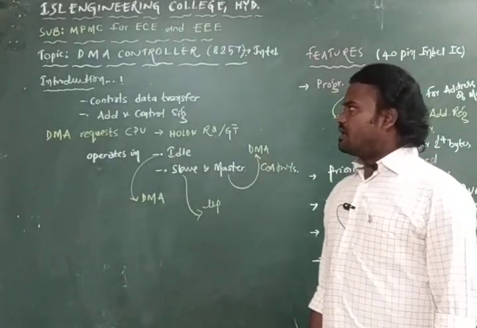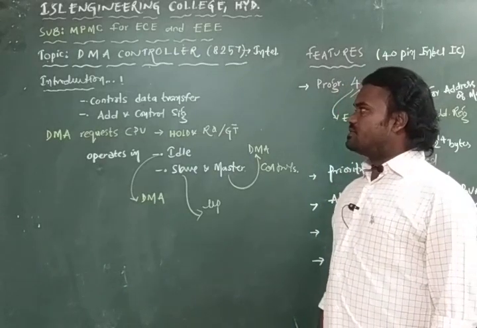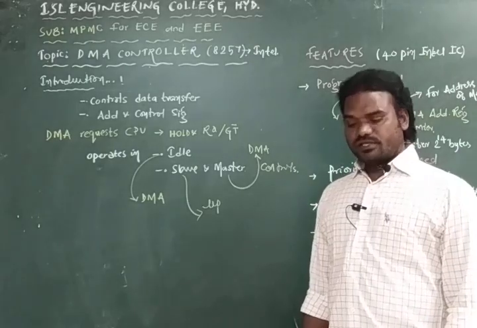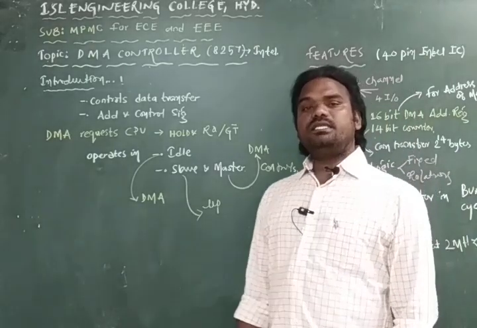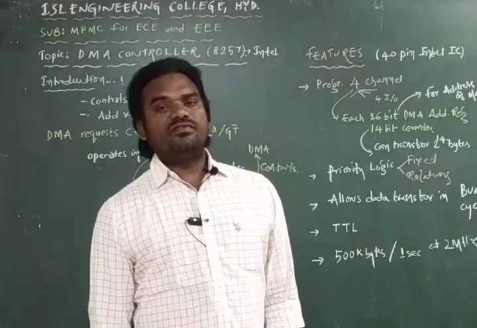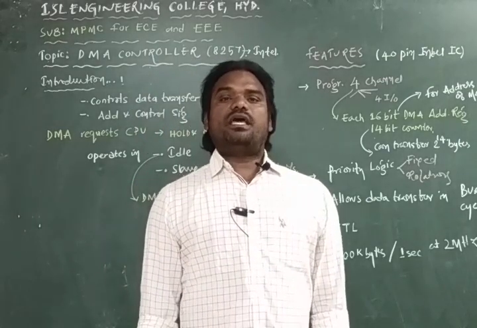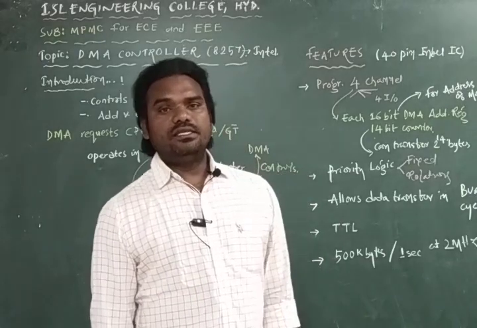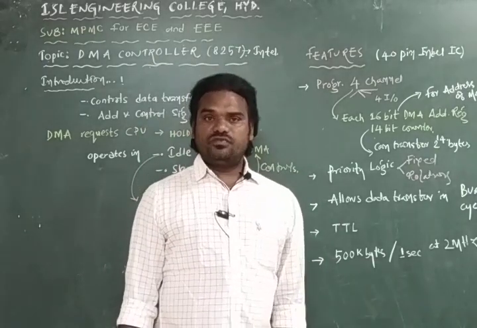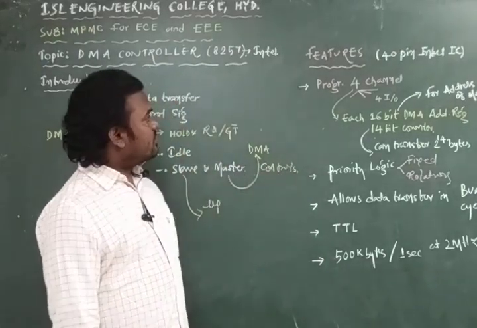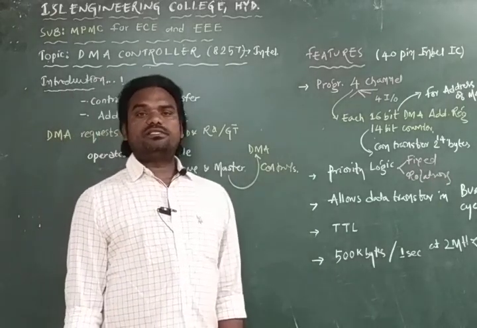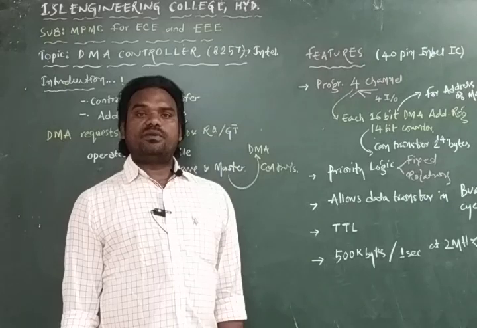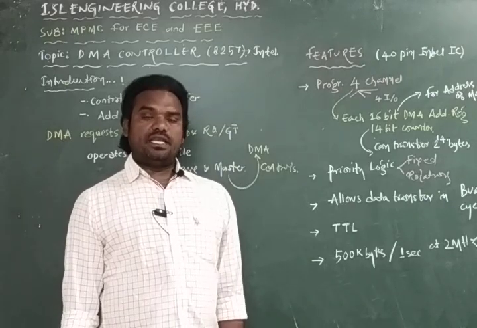The present topic is the DMA controller. DMA stands for Direct Memory Access. We get this DMA controller in the form of an integrated circuit. Intel produces this integrated circuit with the IC number 8257.